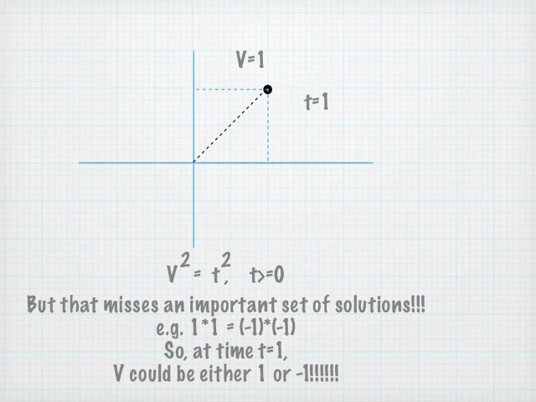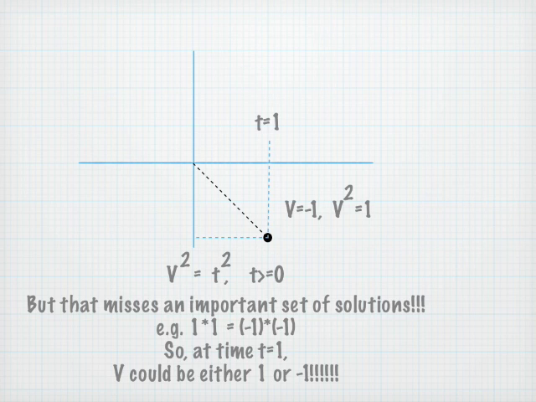But if the equation is V squared equals t squared, 1 squared equals 1, but also negative 1 squared equals 1. So at time t equals 1, V could either be 1 or minus 1. This equation also allows this as a solution, either one of them.